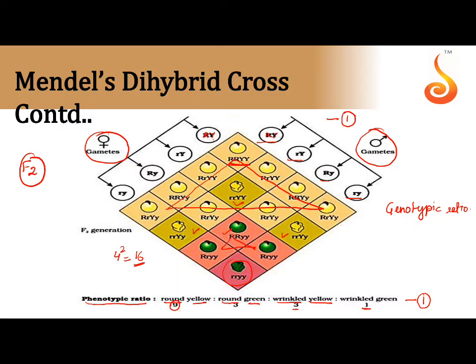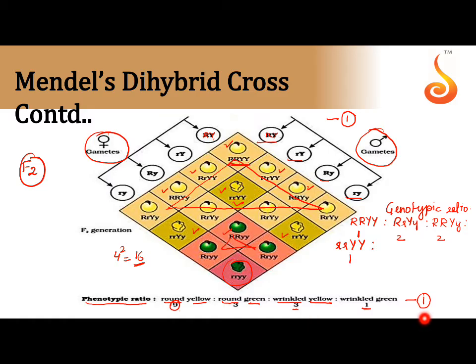First here we have RR both being capital and YY both being capital, which is only 1 in number. Then we have these 2 where you have capital R, capital Y, small y, being 2 in number. Then you have the next 2 where you have capital R, capital Y, small y, 2 in number. Then you have the next one being small r, capital Y, which is again 1 in number.